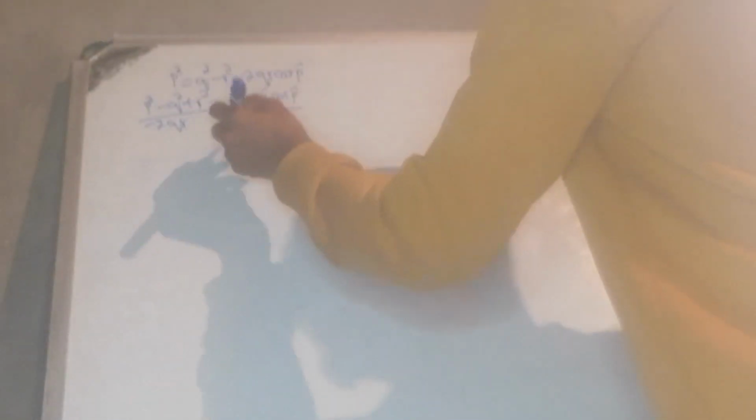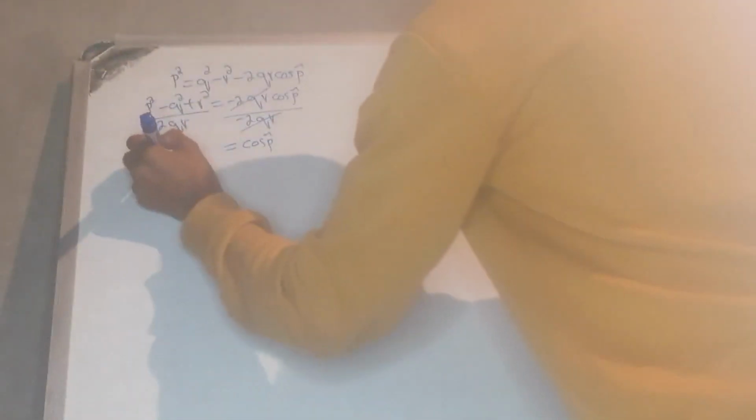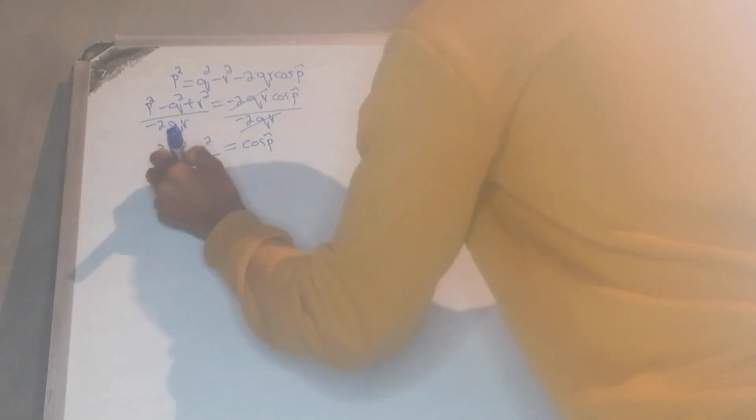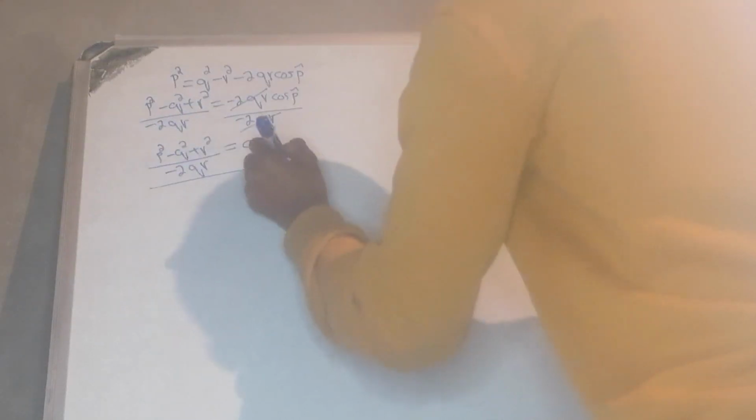So this goes once. Therefore cos of angle p is p squared minus q squared plus r squared all over negative 2qr. This is how I would make cos p the subject of the formula.